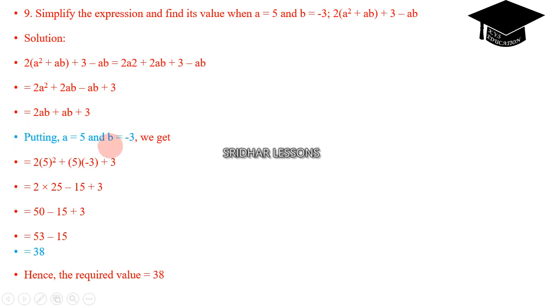Putting a is equal to 5 and b is equal to minus 3, 2 into 5 whole square plus 5 into minus 3, because b is equal to minus 3, plus 3. So 5 square is 25, 2 into 25 is 50. 5 into minus 3 is minus 15, plus 3. 50 minus 15 plus 3, that is 53 minus 15, which is equal to 38. So the required value is 38.